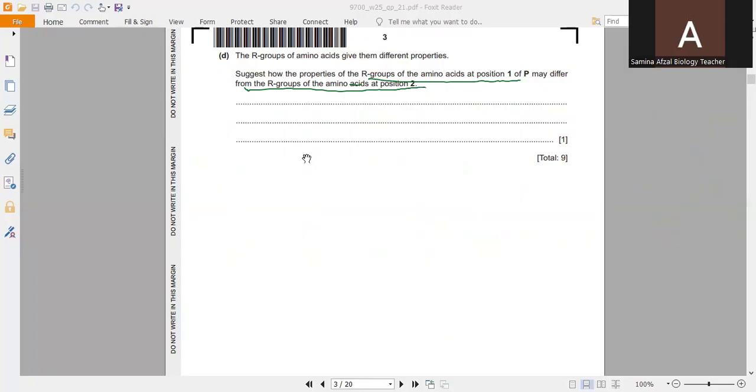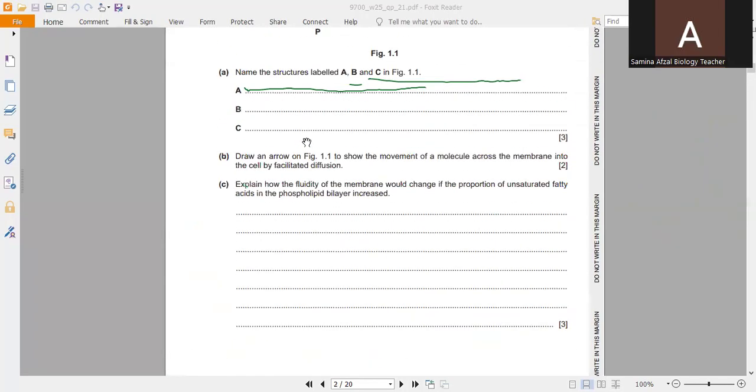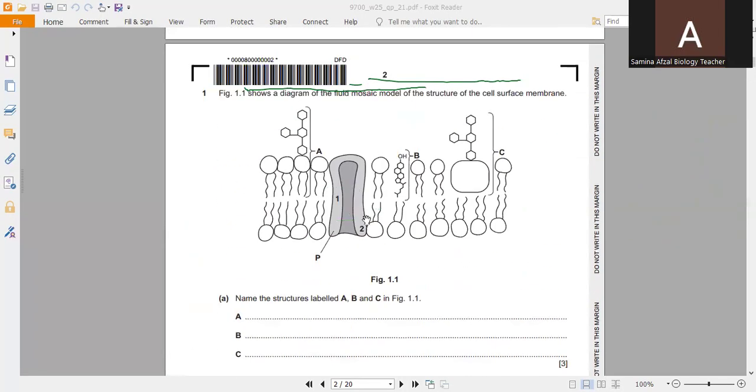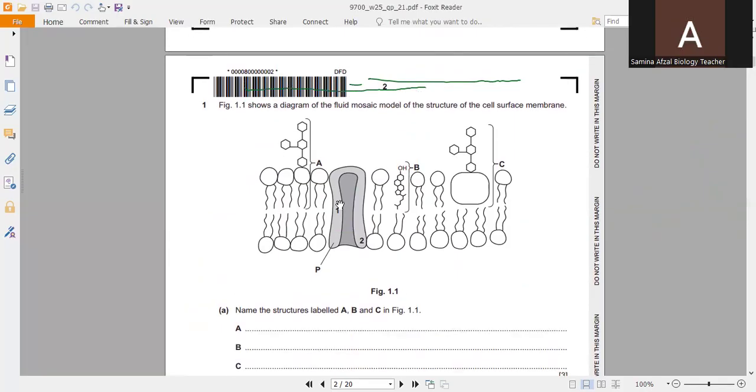Moving towards the figure, you can see this is position 1 and this is position 2. At position 1, the R groups are likely hydrophilic, so this allows them to interact with water or polar molecules.